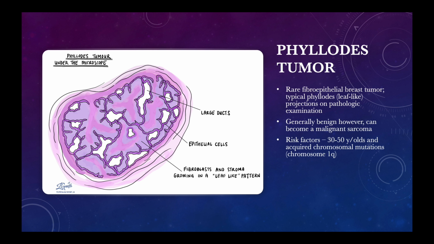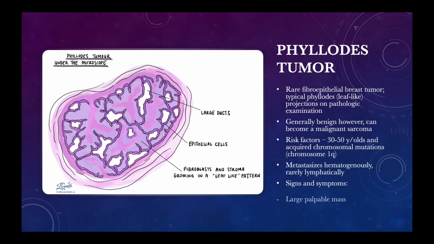Most of these tumors I've just talked about, like the benign ones, are most common in young premenopausal women. And with phylloides tumor, it can be associated with acquired chromosomal mutations, such as chromosome 1q. And these actually metastasize hematogenously and very rarely lymphatically.